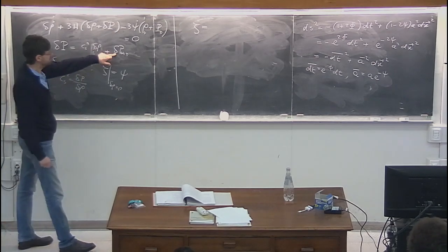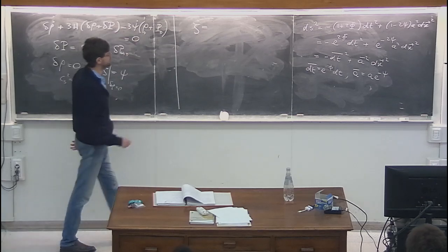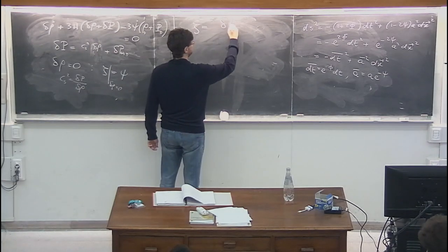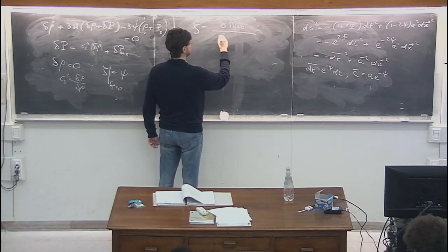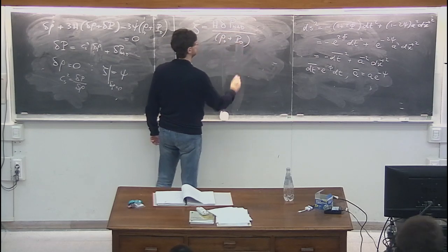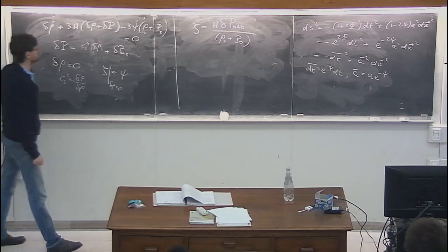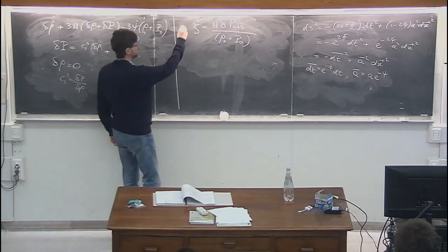I am only left with a delta P non-adiabatic, and then I have to divide it by this guy here. So what I get is delta P non-adiabatic, the right-hand side, divided by, times H divided by rho 0 plus P0. This is the equation of motion of zeta on super-Hubble scales.